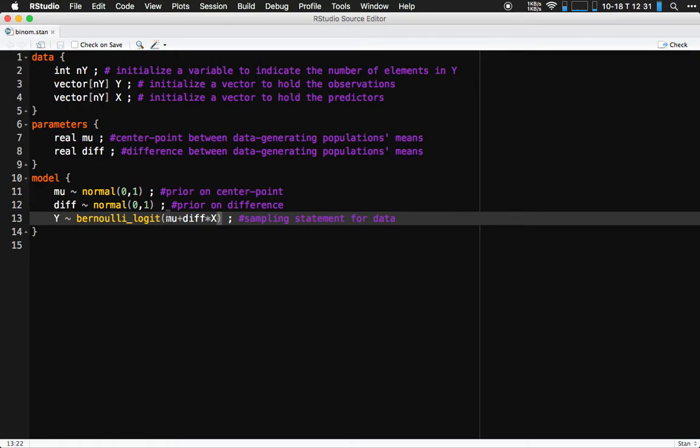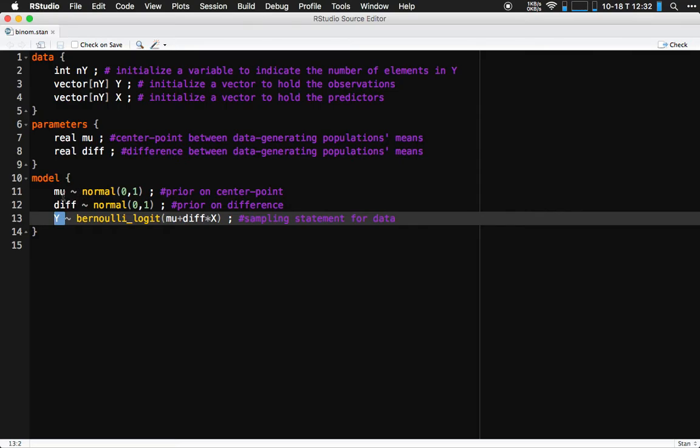So we still have the mu and diff type parameterization. That's going to be common to the continuous example. So this is an example where we are, again, comparing 2 groups, drug and placebo, on ultimately whether one affects the likelihood of whatever outcome this is, and we had it as death.